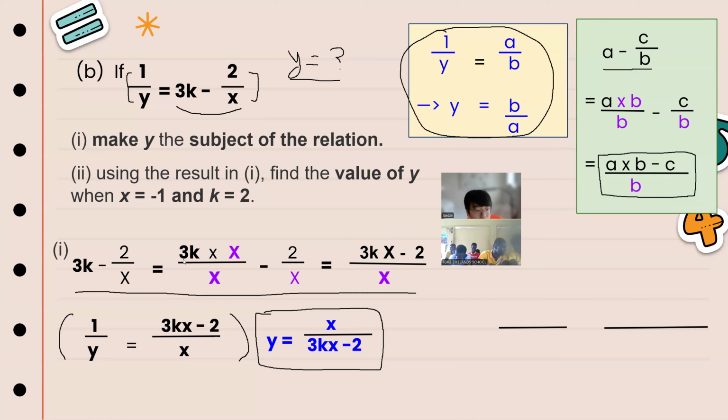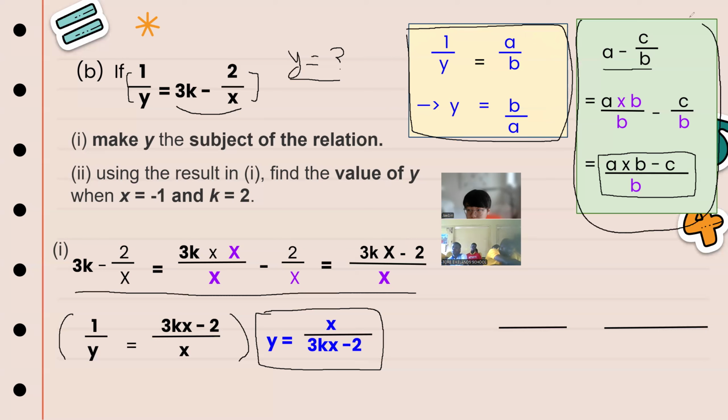So the major concept here that you need to learn is these two, the yellow box and the green box. This is where we applied the green part, and this is where we applied the yellow part.